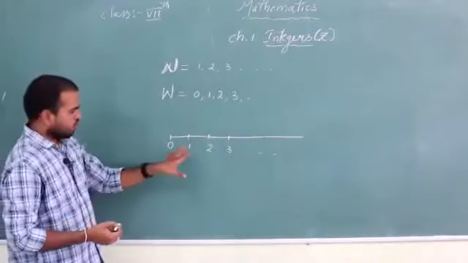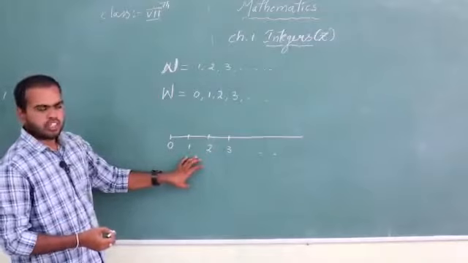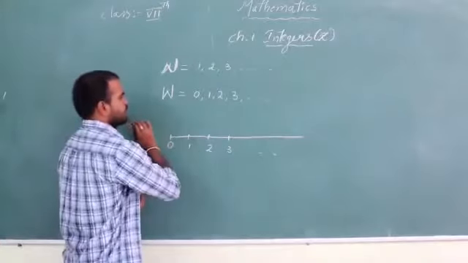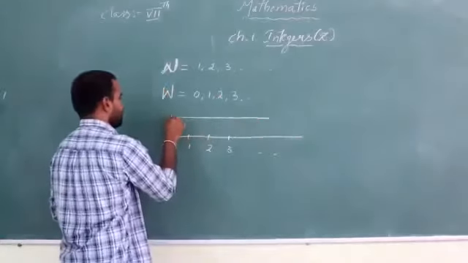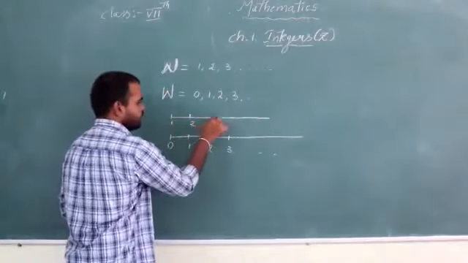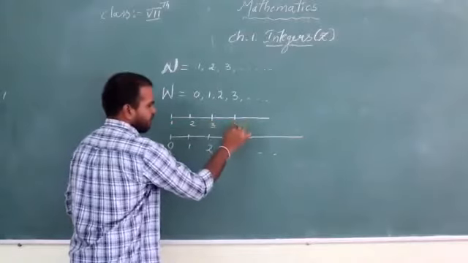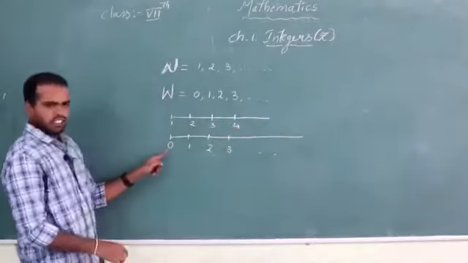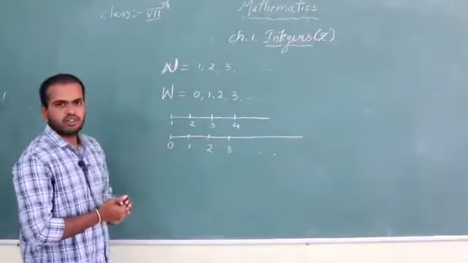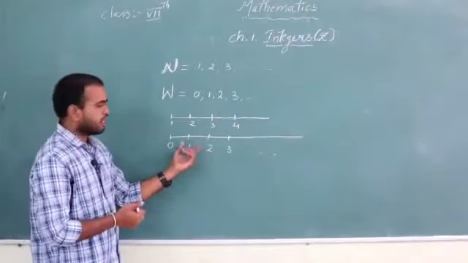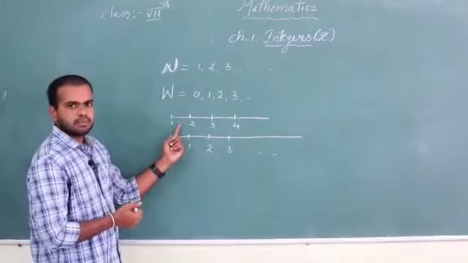This is for the whole numbers. What about the natural numbers? If you start from 1, 2, 3 and 4, that is the natural number system. If you include the 0, it is the whole number system.